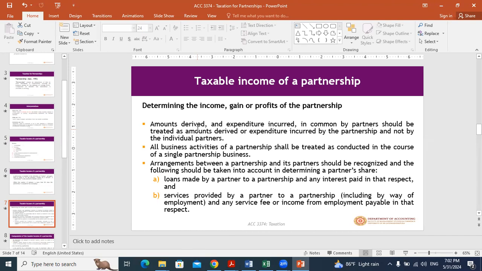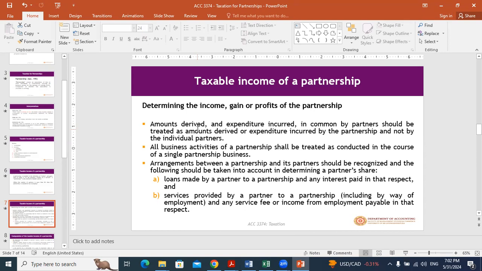If entertainment expenses are incurred by these three persons, those are disallowable. Domestic nature expenses are disallowable, like that. All the stuff that we studied when we identified business income as a source of income is applicable for a partnership also, and not only for a partnership, but for individuals and companies.